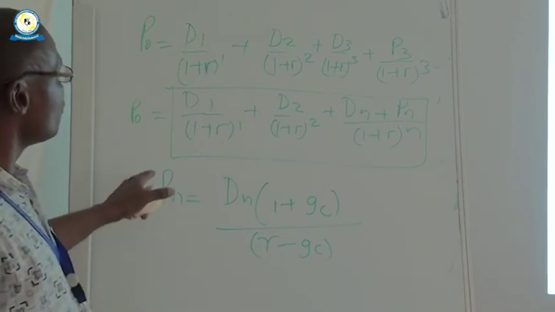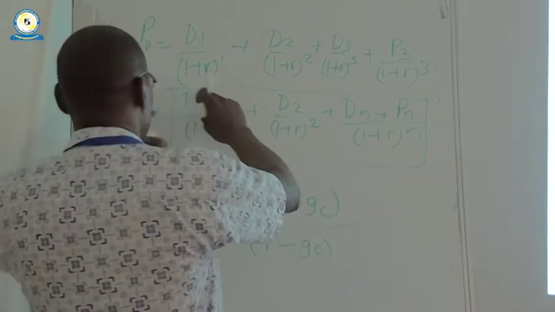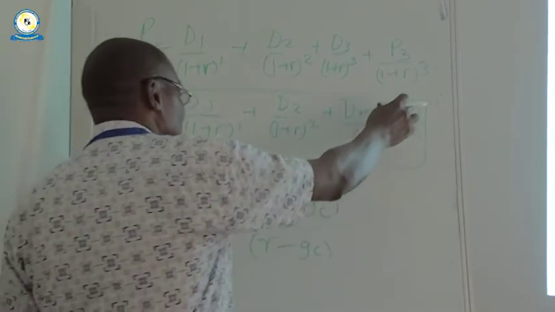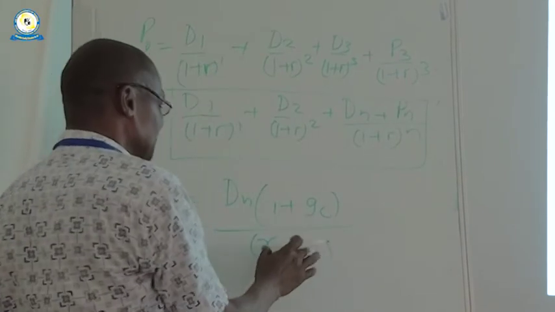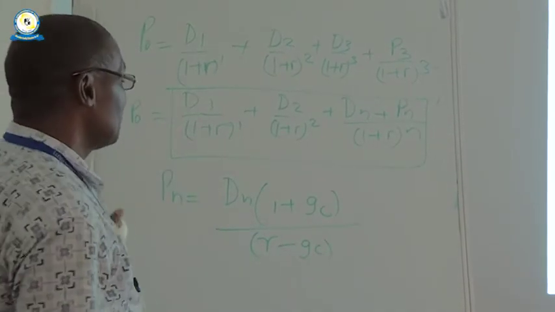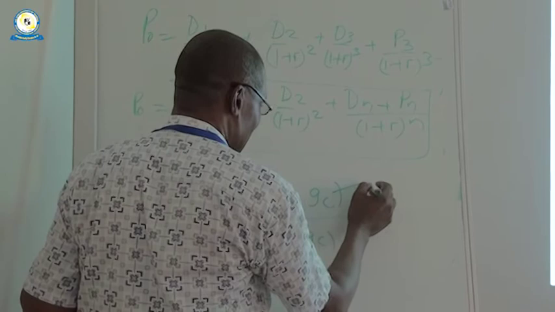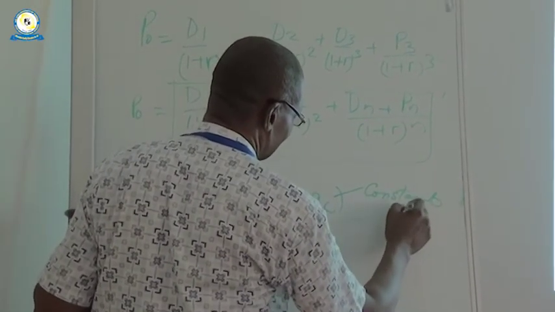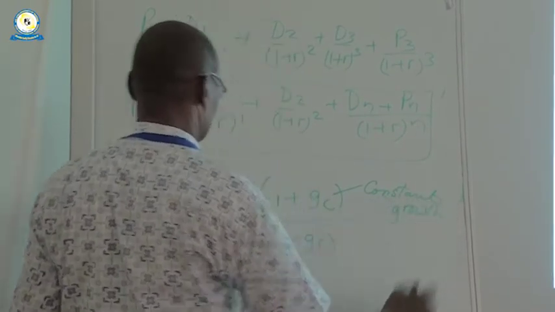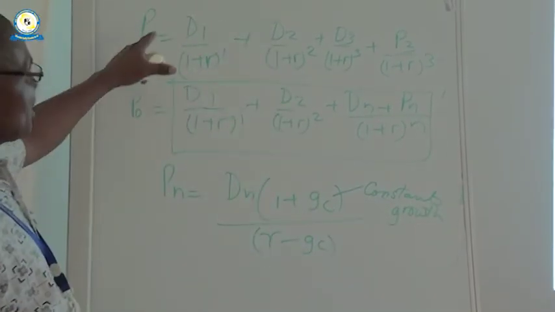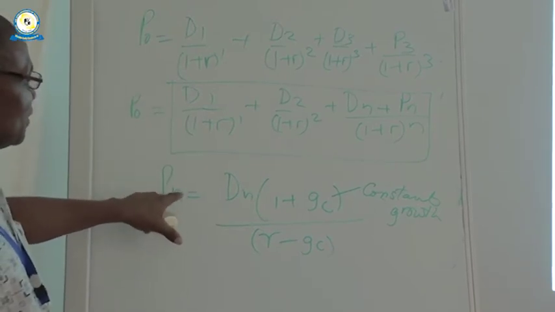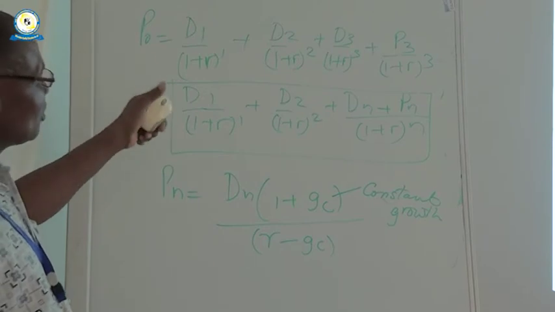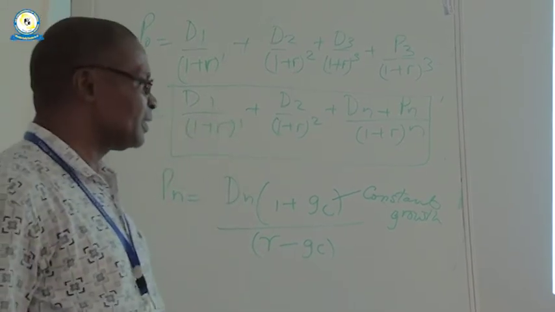We use all this for non-constant growth, but the definition of this Pn is given here. This gc is the constant growth pattern. It is a bit difficult formula to come into contact with, but we shall see how to calculate one of the questions regarding this problem.